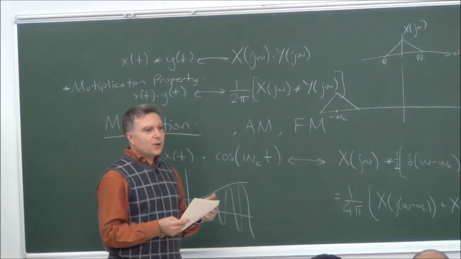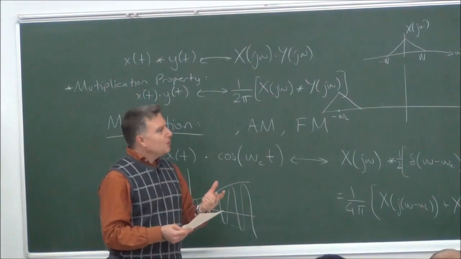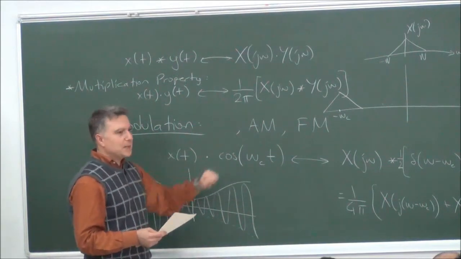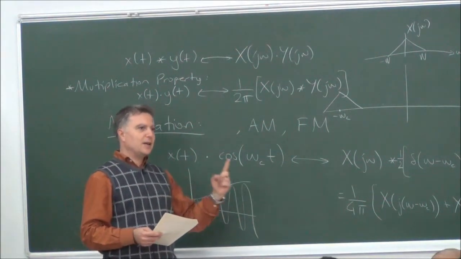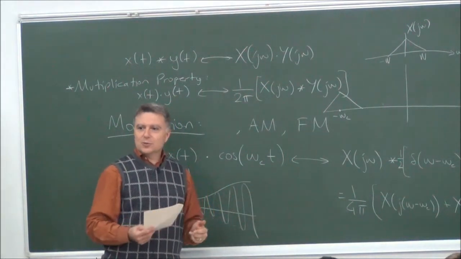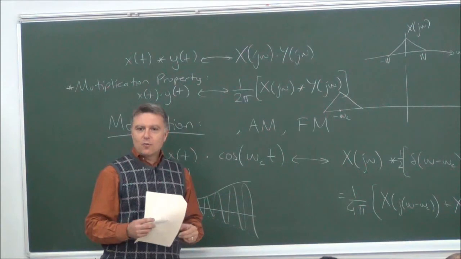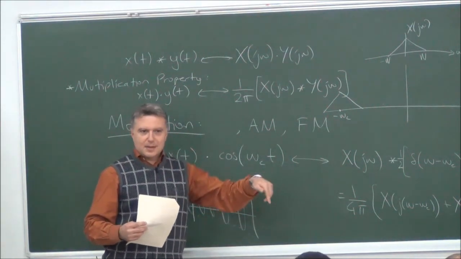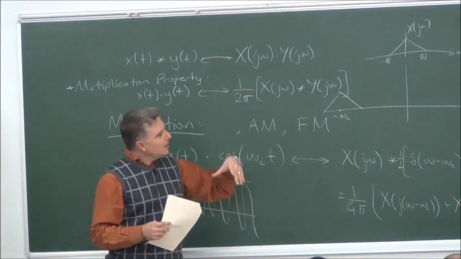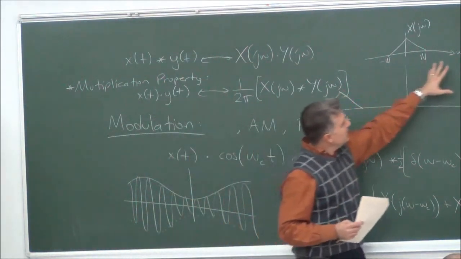You can use it for filtering. You can just multiply your signal x, not with a cosine, but with a complex exponential. A complex exponential will have only one impulse. So what does it correspond to in frequency domain? Convolution with an impulse. The convolution of that triangle with an impulse. It's just pushing, shifting this triangle to a particular position.